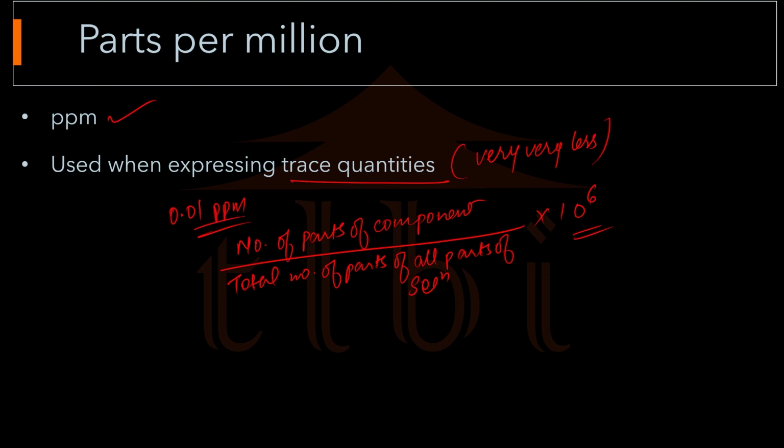Okay, so what does it mean? So if we try to understand this one, so that means if we have 0.01 grams, okay, now if you know the density of water, 1 gram is equivalent to 1 ml.